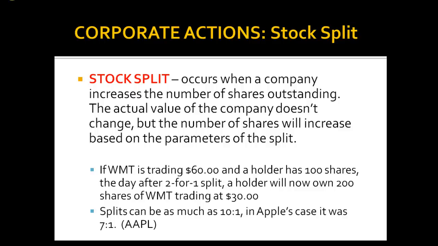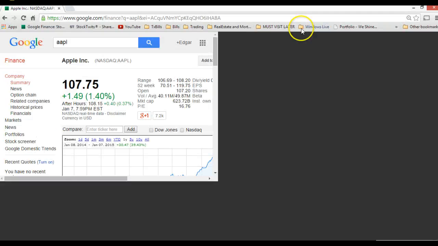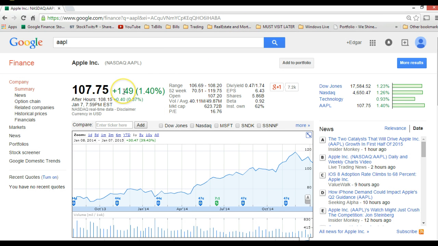Now let's go ahead and take a look at Apple real quick on Google Finance. So with Apple currently being 107.75, if you want to know the old price of Apple before it had a split, all you got to do is multiply this by 7 and you will get 700 and some dollars.